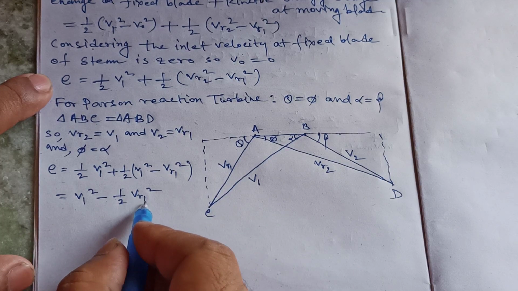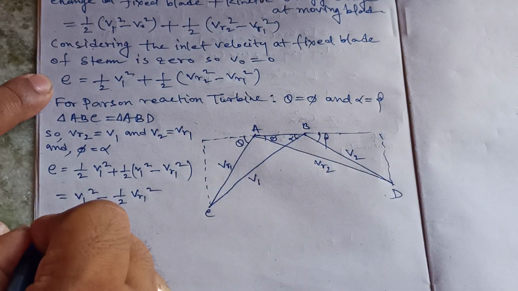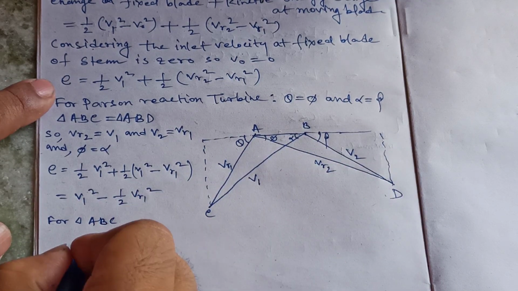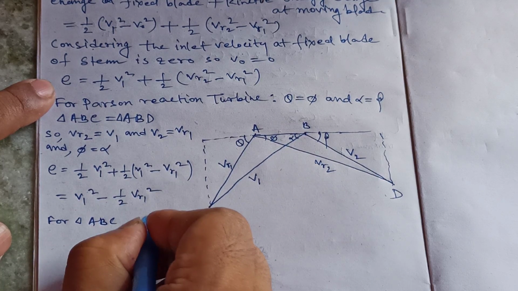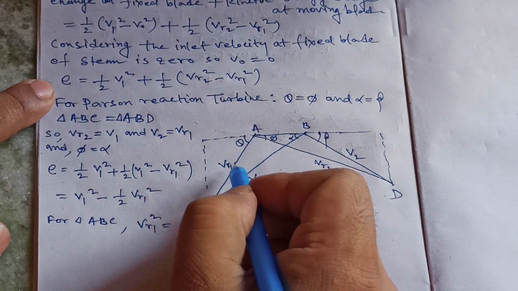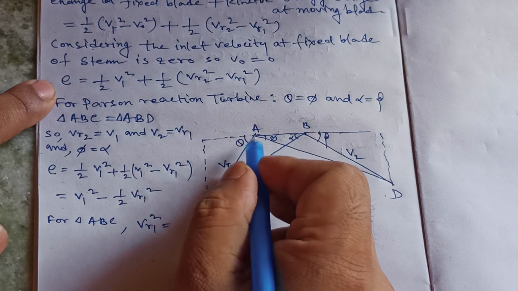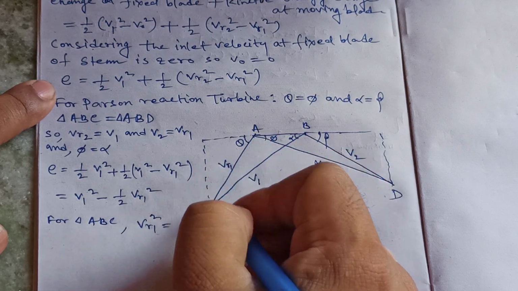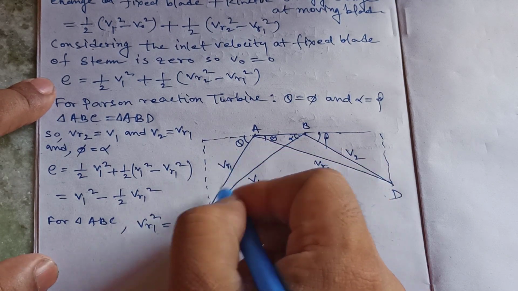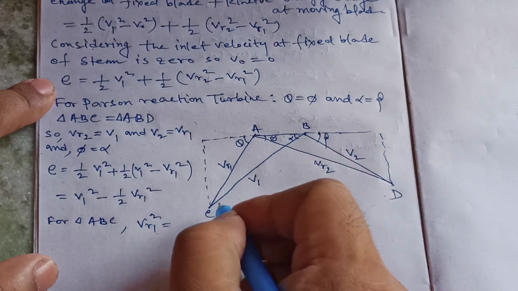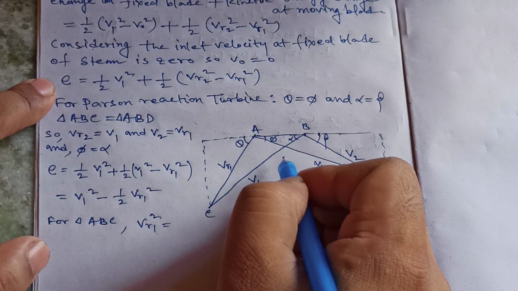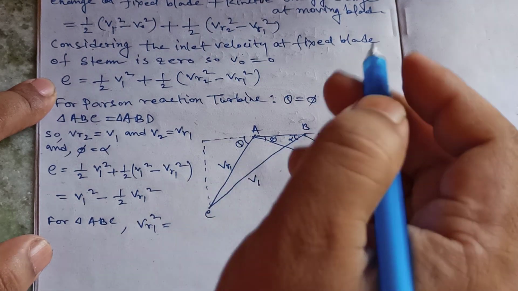Now what is VR1? From this triangle ABC, we can write VR1 whole square, this side VR1 square, that is AC square, equals to BC square plus AB square minus 2 AB AC cos alpha.